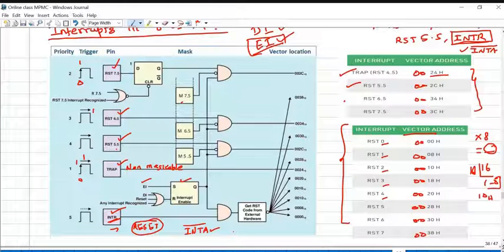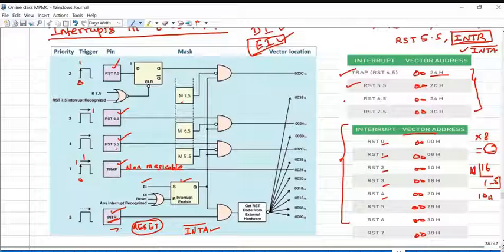So there are two types of address available. Sometimes the external hardware may use RST instructions. If it is issued as an RST instruction, the processor can easily calculate the vector address location. For example, in response to INTA acknowledgement, the RST code comes from external hardware, say RST 0, 1, 2, 3, 4, 5, 6.